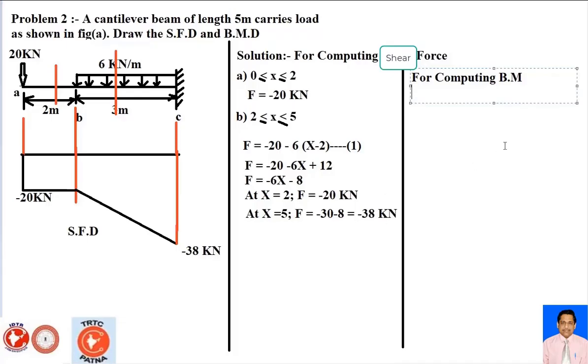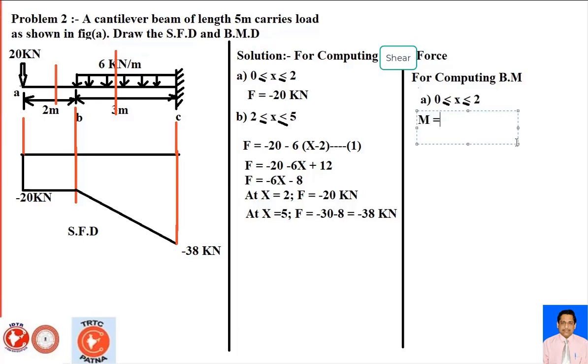So first A, for computing the bending moment, 0 less than or equal to x less than or equal to 2. So what is the equation of moment?